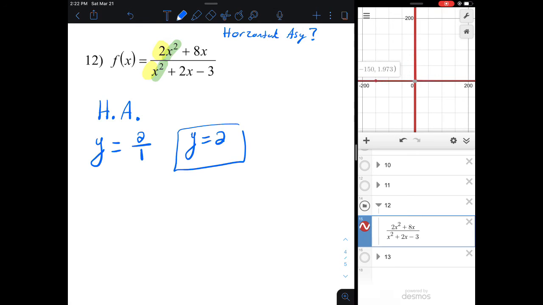And I start working my way to the left. I'm at negative 1.982, so that's getting pretty close to 2. And when I'm working my way to the right, I started off bigger than 2, but as I work my way to the left, I'm working my way back closer to 2, as we can see. All right, so that is my horizontal asymptote.